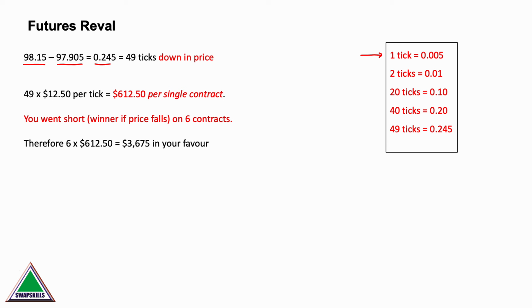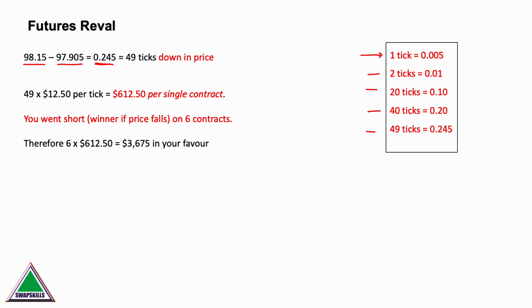So 1 tick move is 0.005 on the contract price, 2 ticks would be 0.01, 20 ticks would be 0.1, 40 ticks 0.20 and 49 ticks 0.245. Basically, just take this number, multiply it by 2, with decimal point, so 0.245 is 49 ticks.